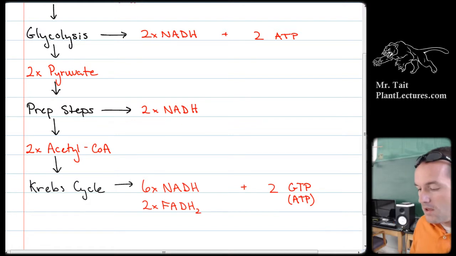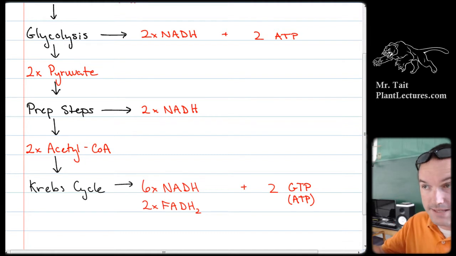Okay? So, that's where we are up until now. Everybody agree? This is all the stuff that we've produced. Total of 4 ATP-like things, and 10 NADHs, and 2 FADH2s, right? Yes?